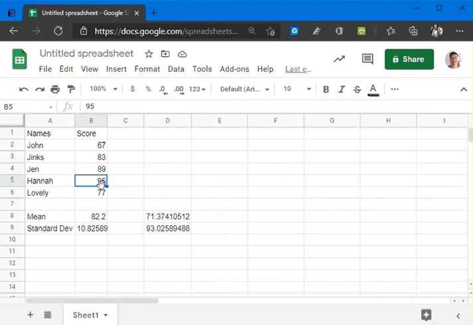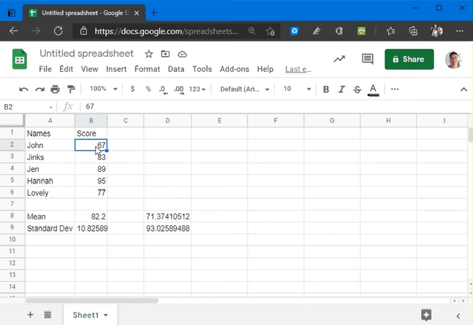So 93 is lower than 95, so it is actually above normal. The score of Lovely, 77, is in the range of 71 to 93. It's actually a normal score.